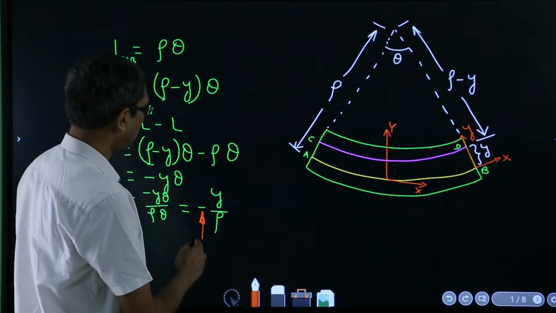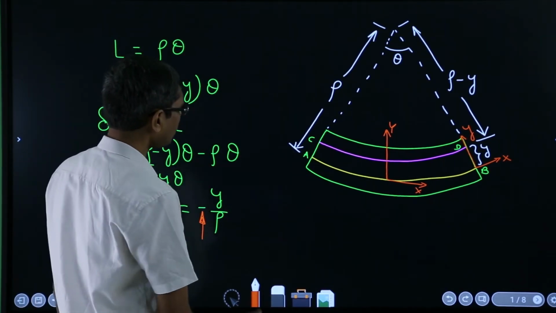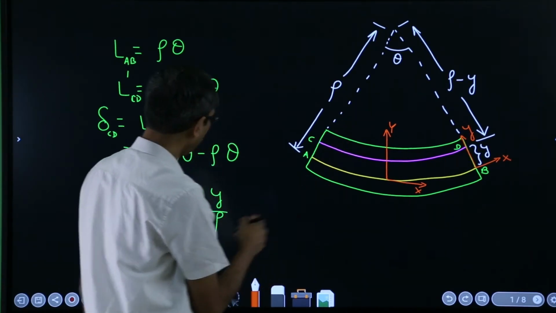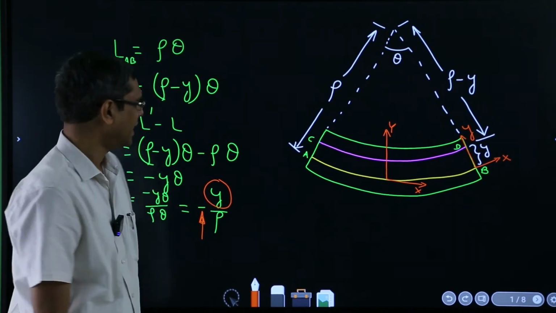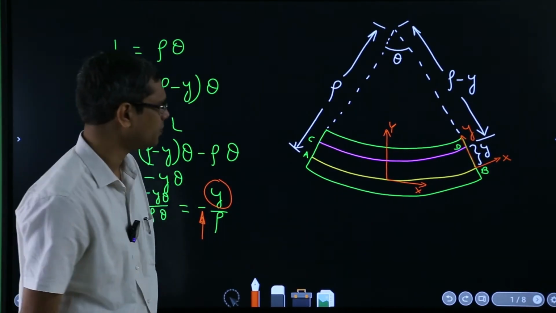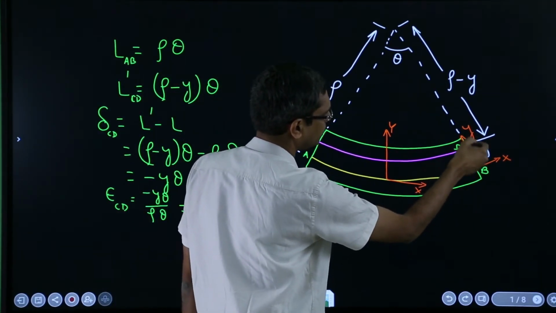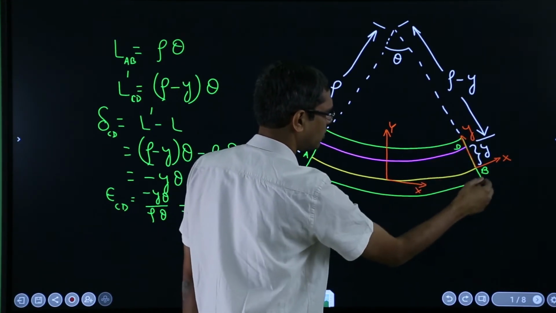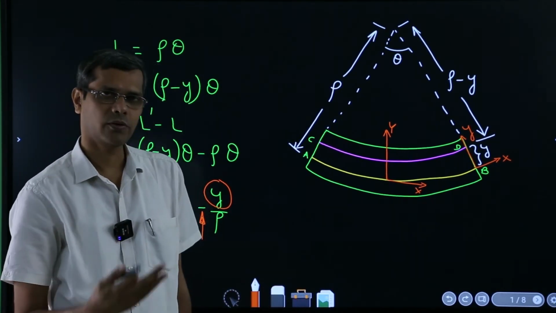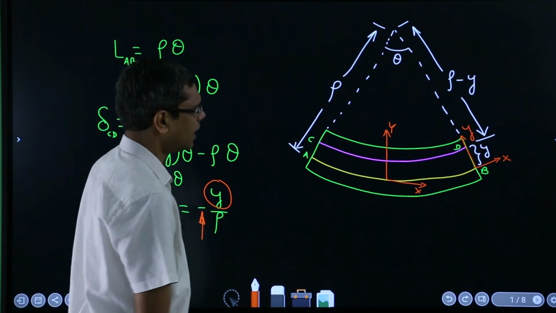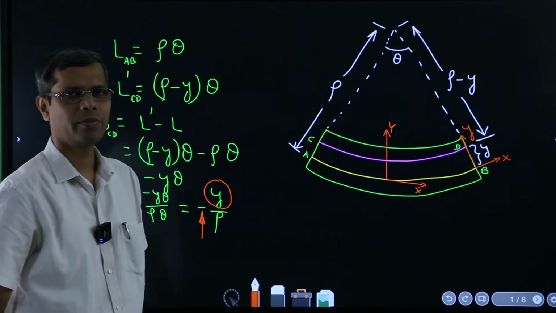And then observe, because this depends on the factor y, its absolute value will be maximum on whatever side is farther from the neutral axis, whether the compressive side or the tensile side. We do not know now. It will depend on the nature of the cross section, but whatever side is farther from the neutral axis, on that side the strain will be maximum.